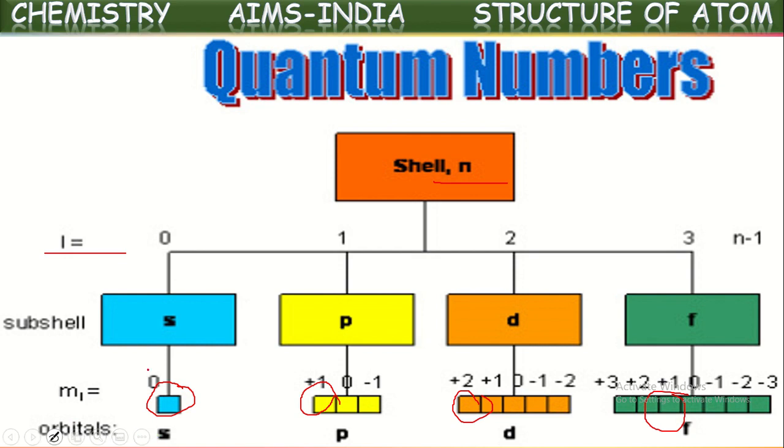So by knowing these 4 sets of numbers, we can identify an electron in a particular atom: in which shell it is, in that shell in which subshell it is present, in that subshell in which orbital it is present, and in that orbital which kind of self rotation it is having. If you know all these, we can locate an electron exactly in the atom. This is about the 4 quantum numbers.